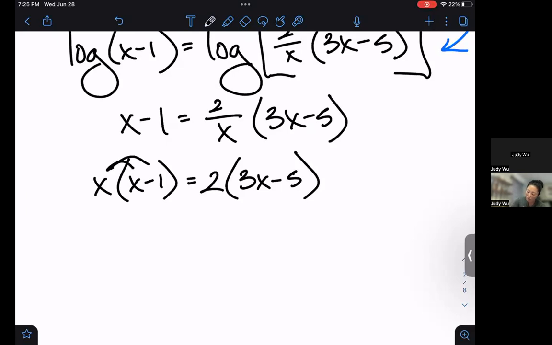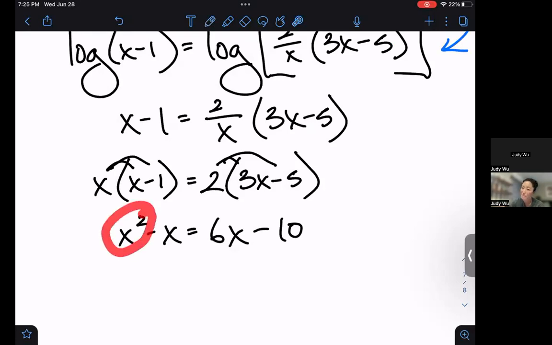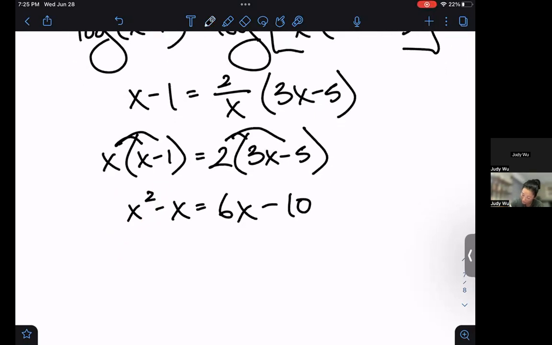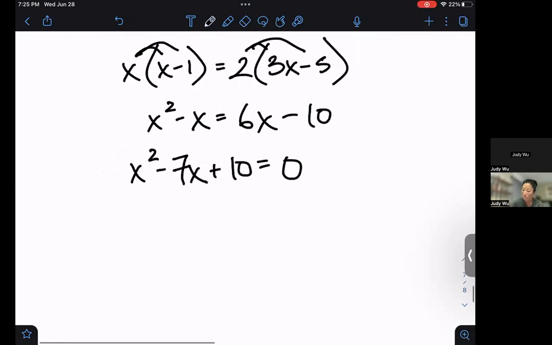Now I can distribute, and I'll get x squared minus x equals 6x minus 10. Looks like we've got a quadratic. I bet it's going to be factorable, so let's move everything to one side, set it equal to 0, and solve. x squared minus 7x plus 10 equals 0.